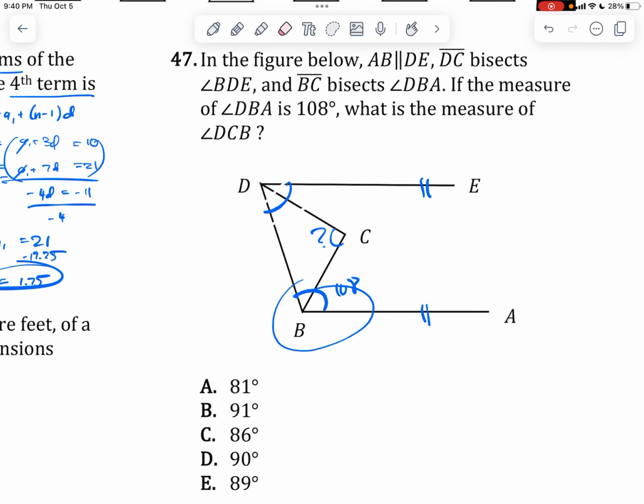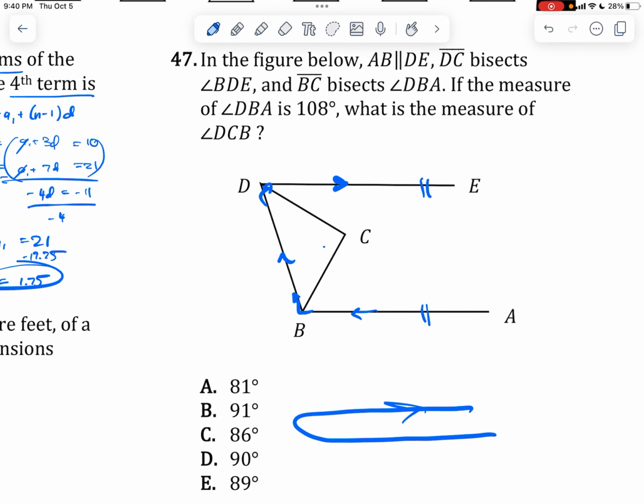Why is that? Think of it this way. Imagine you're in a car, you're driving this way, and then you turn right, now you're driving this way, and you turn right again, and now you're driving this way. What you did is a full 180 degree turn. And those two lines are parallel, your starting line and your finishing line. So you had to have turned 180 degrees.